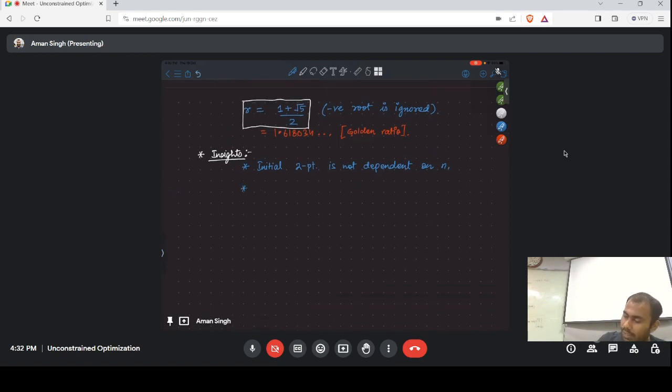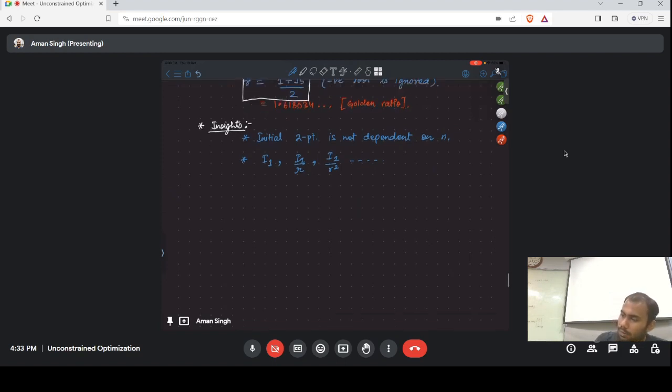And the length goes on decreasing as a GP. So the first interval length is I1, then it will become I1 by R, I1 by R square, and so on and so forth. So it becomes a GP.